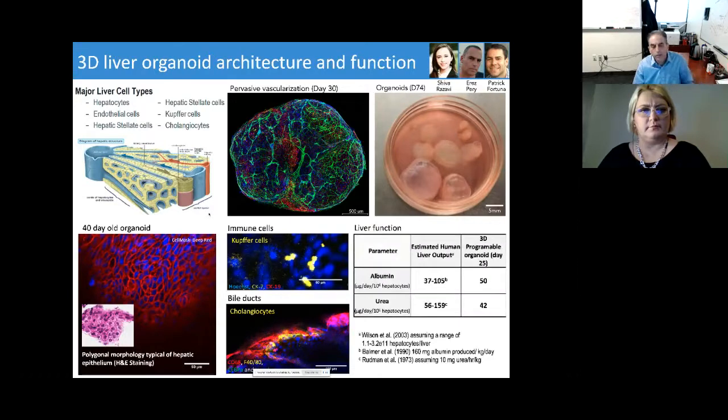In addition to architecture, which is beginning to resemble some aspects of a liver, we also quantified liver function. In terms of liver function, the liver organoids that we're able to generate have albumin and urea levels that are comparable to adult liver.